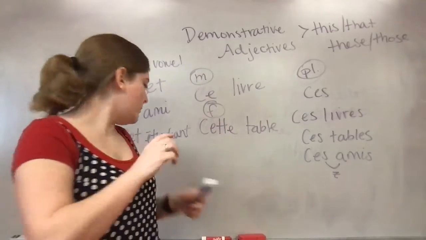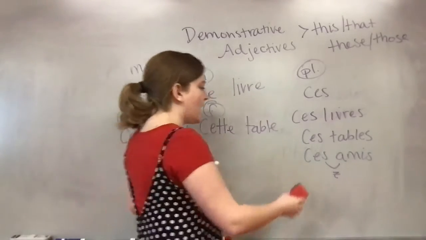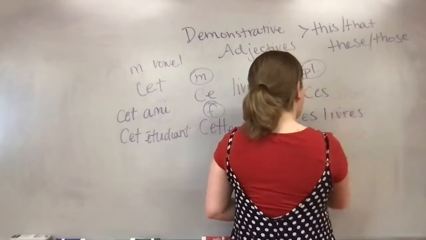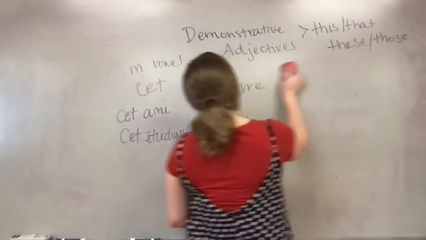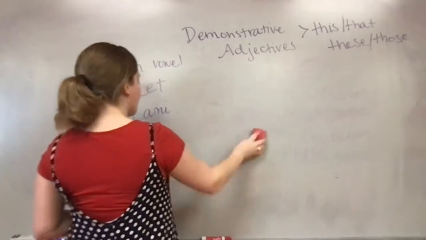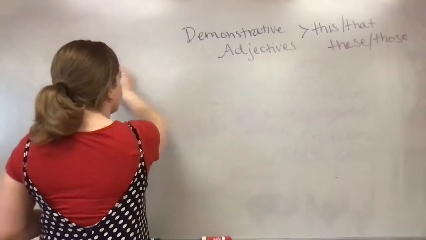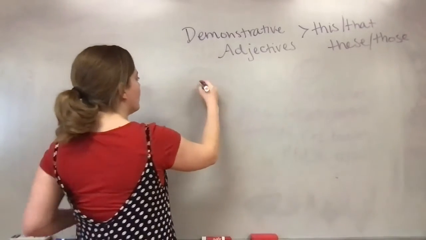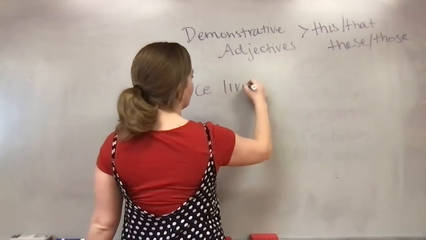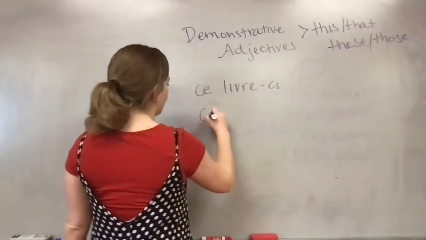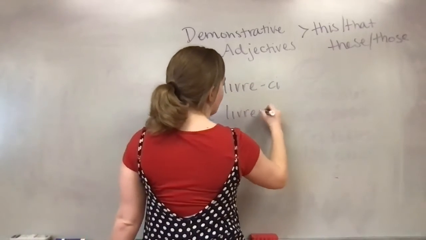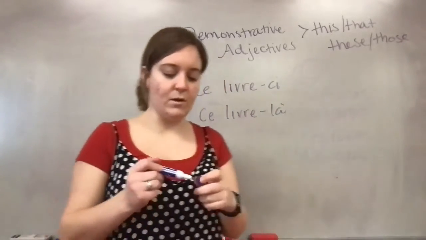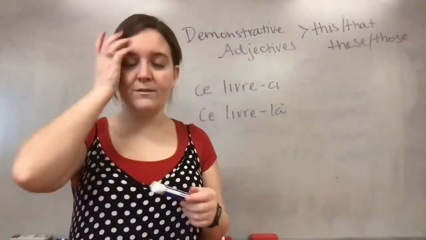All right, so this is the first little step, and you're gonna see in your book and in the PowerPoint as well that there's another little thing that we need to talk about. So you have this ci and là that some of the examples will have in them.